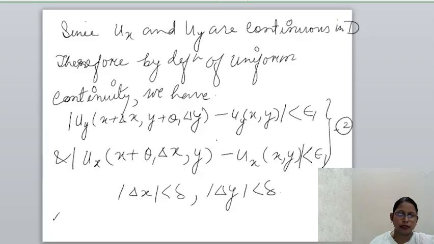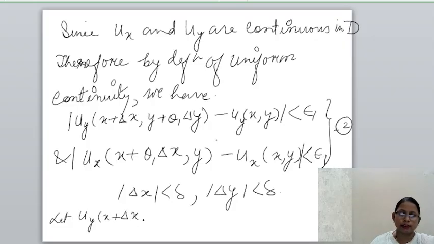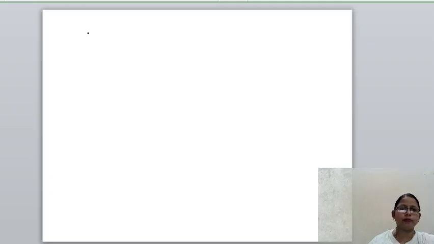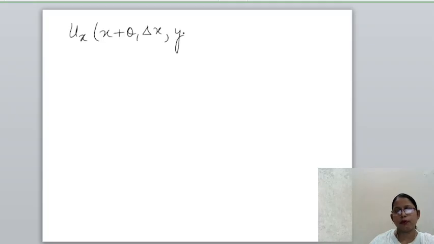So next, let uy(x plus delta x, y plus theta 1 delta y) minus uy(x, y) equal alpha 1, and ux(x plus theta 1 delta x, y) minus ux(x, y) equal beta 1.